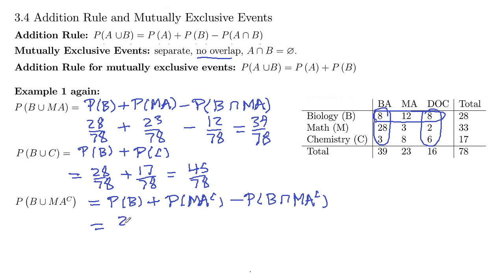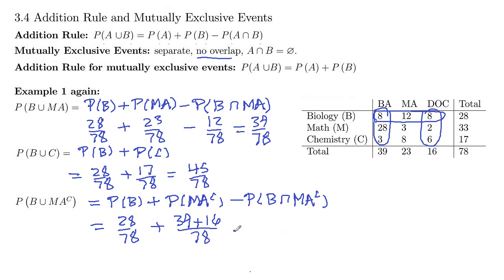So our biology is 28 out of 78, right? Biology, first row, 28 out of 78, plus not a master's degree. So we had 39 there that did not get master's and 16 more there. So 39 plus 16. Out of 78, it's going to be the probability of that sample point.